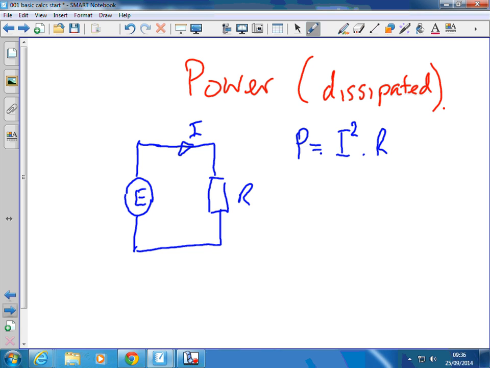So that's one way to calculate it, the current squared times the resistance. Yeah, we've done all 3 ways of calculating power.